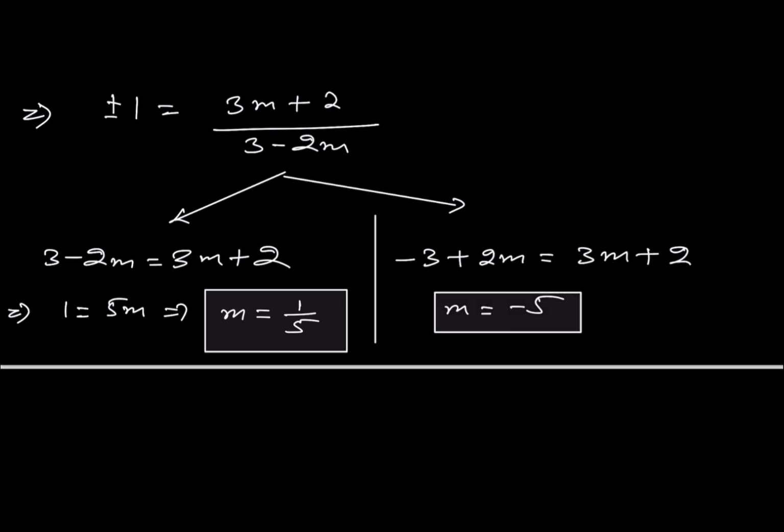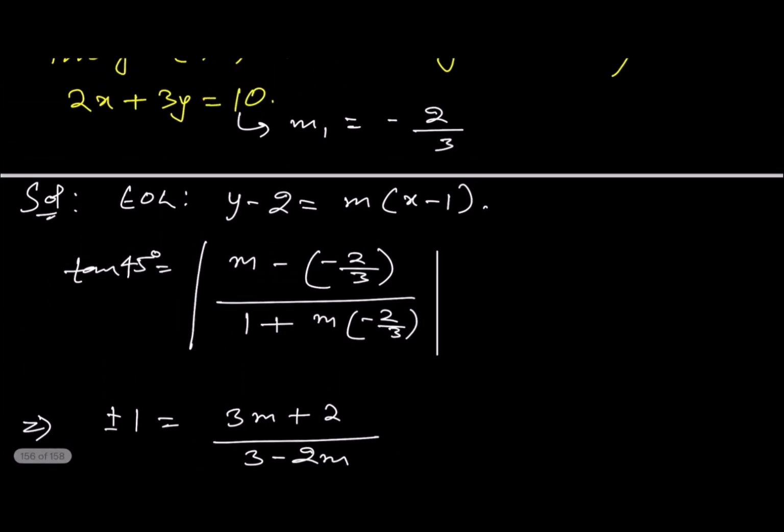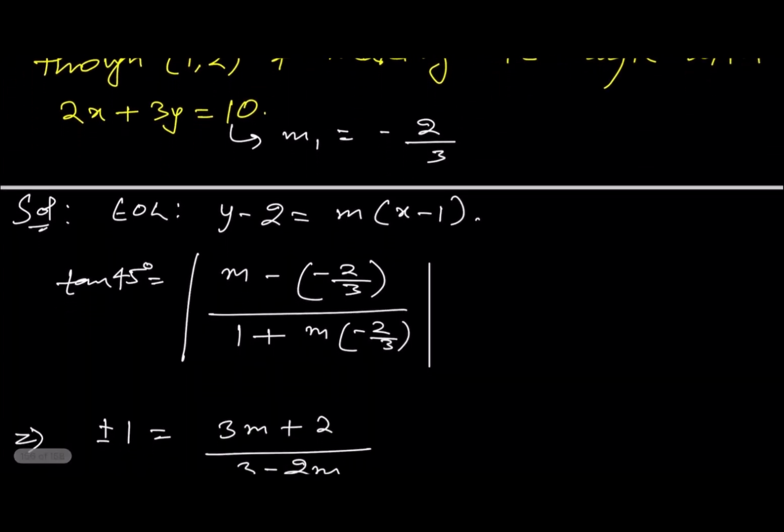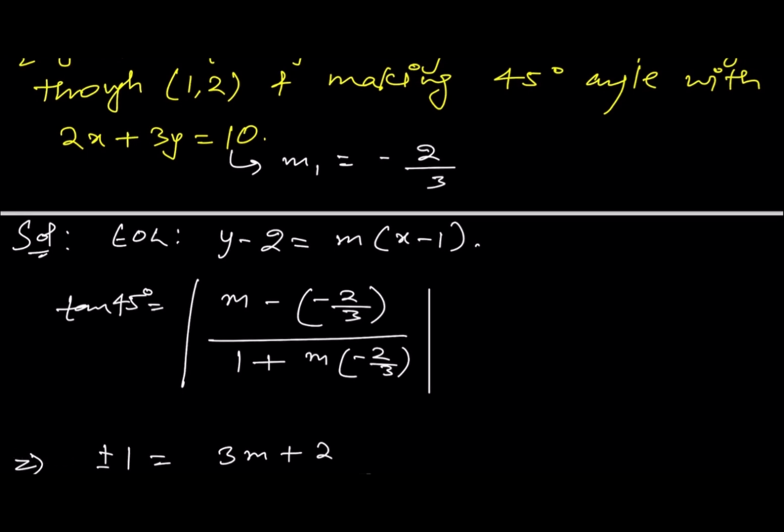So did you observe one thing, that there are two lines possible and which are perpendicular to each other. Means what is the situation? Situation is like this.